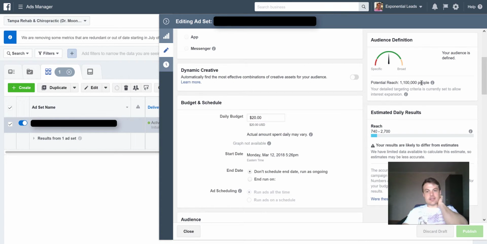And so the ad sets wouldn't be competing against each other anymore because they're going after different target audiences. And those target audiences would each be in the million or over a million.